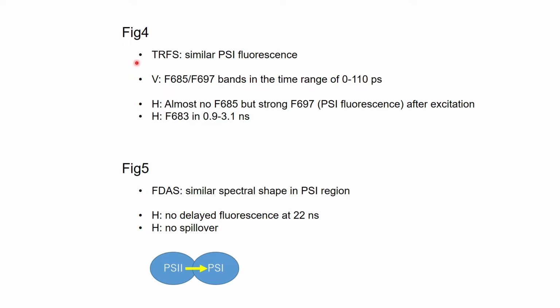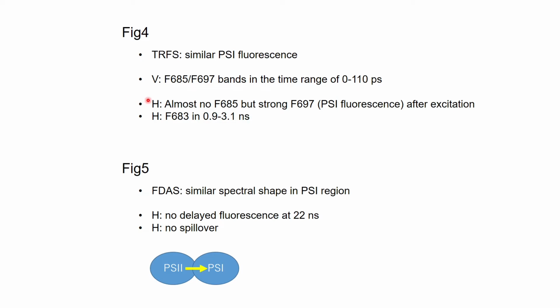Figure 4 shows time-resolved fluorescence spectra, TRFS, of the two samples under liquid nitrogen conditions, showing similar PS1 fluorescence between the two samples. The vegetative thylakoid showed fluorescence bands at 685 and 697 in the time range of 0 to 110 picoseconds just after excitation.